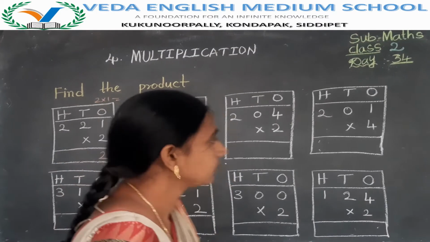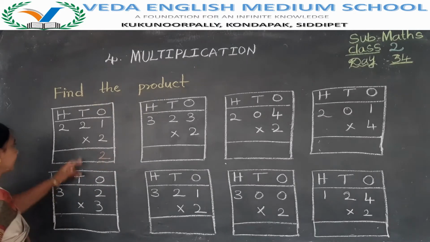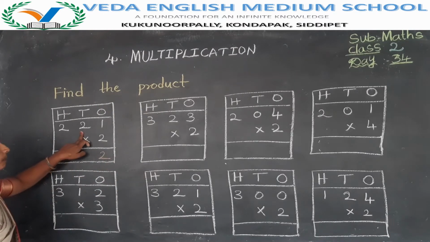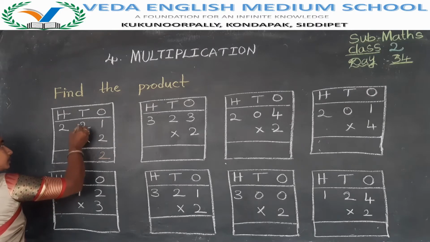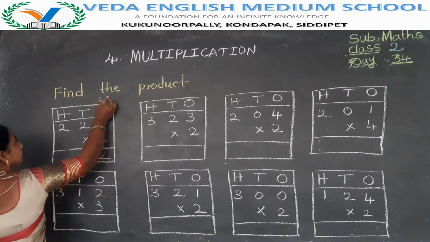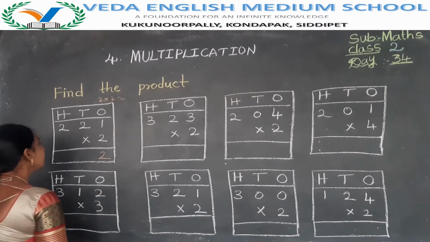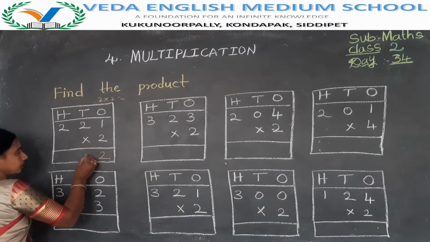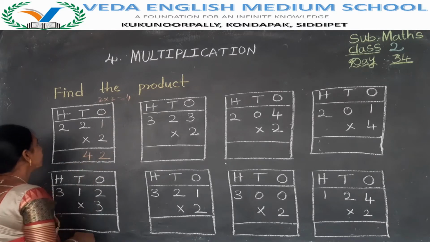In the tens place, what is given in the tens place? 2. Multiply digit 2 in the tens place by 2. That means 2 into 2. 2 twos are 4.